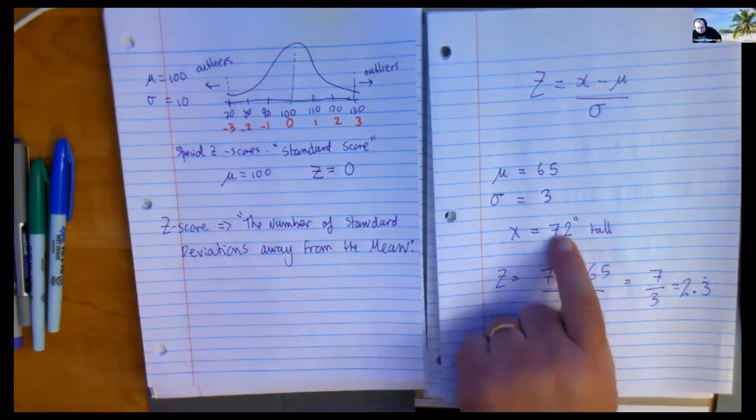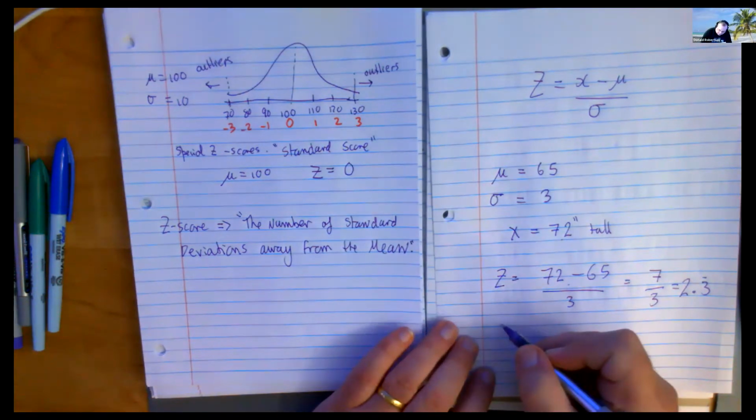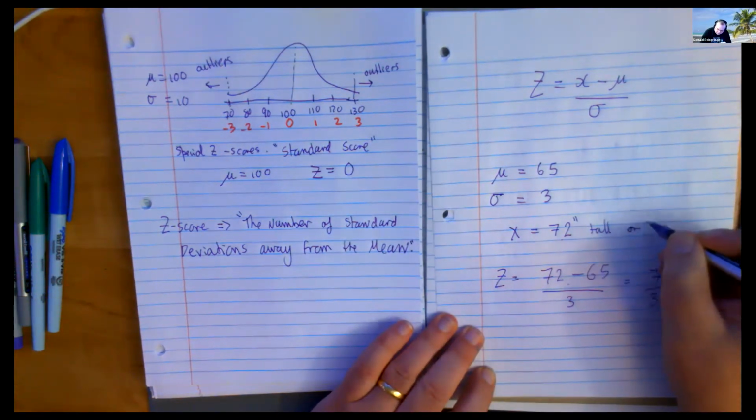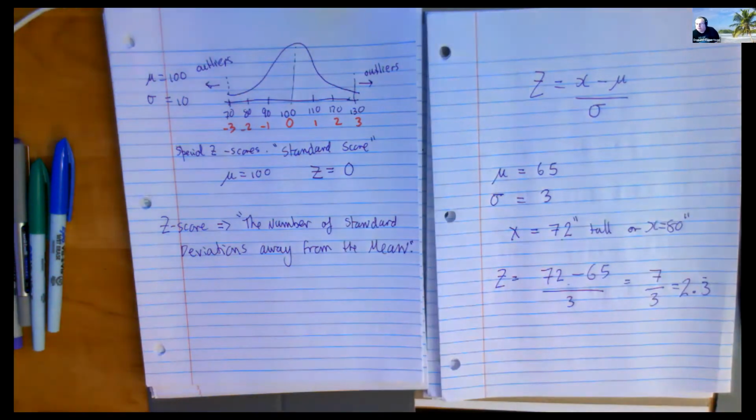So is a 6-foot person an outlier in Scotland as far as height? No. How about somebody who's 80 inches? Would your gut feeling tell you anybody who's 80 inches is probably an outlier, right? They'll probably play basketball as well, right? So they're 80 inches.